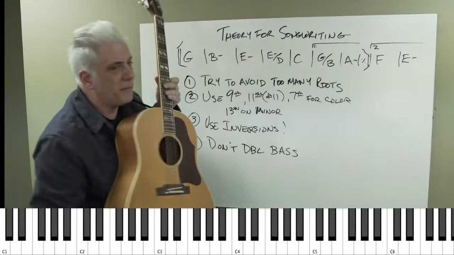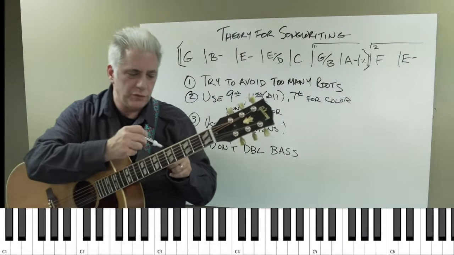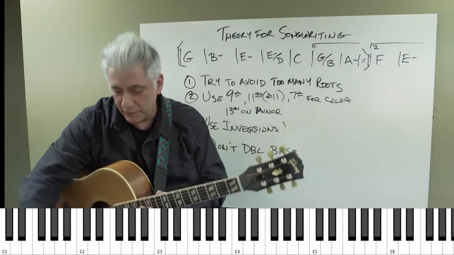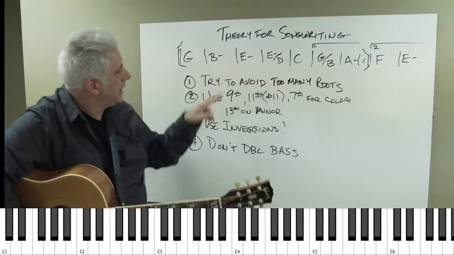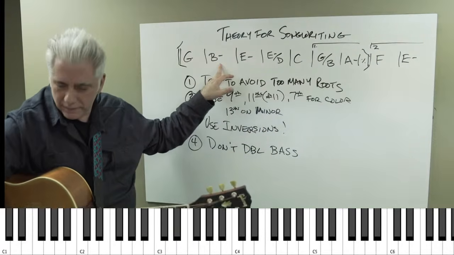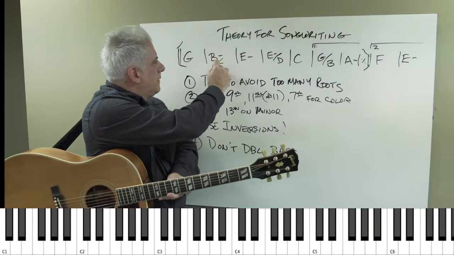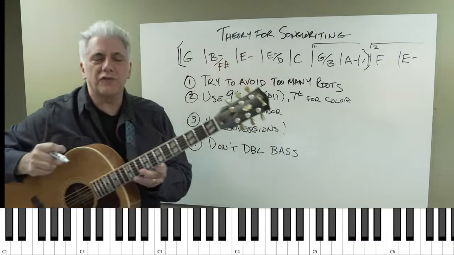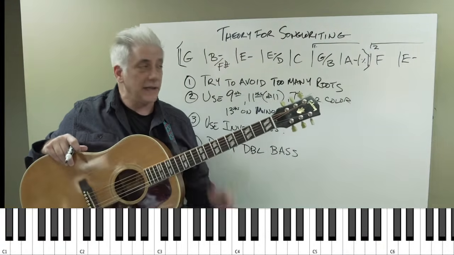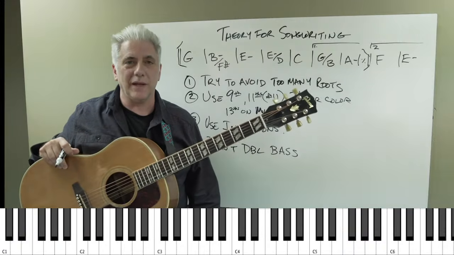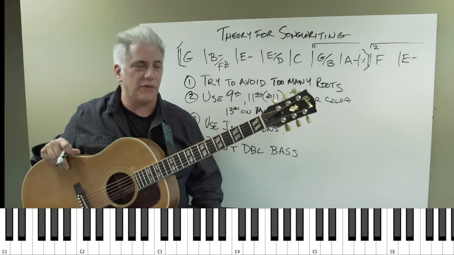Now, when I say the bass, I'm not saying the root. The bass can be the root. But if I have a B minor chord and I put F sharp in the bass, I'm probably going to avoid the note F sharp in the melody. At least right where the B minor is, right? Where I play the F sharp if I'm passing or something like that.